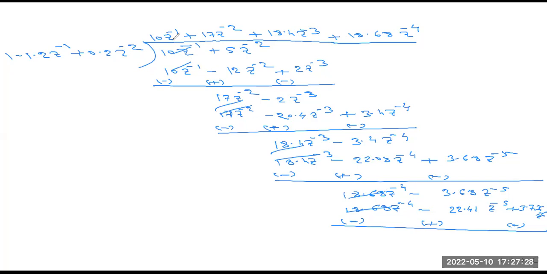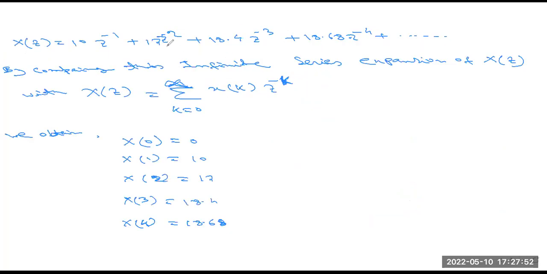Whatever you go on to, the maximum power is z to the power of -4, because in the question that you were given, k is at most 4. So we have to solve up to z inverse. This process continues up to infinity.